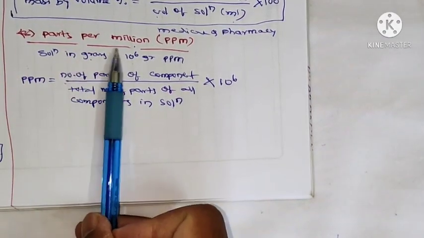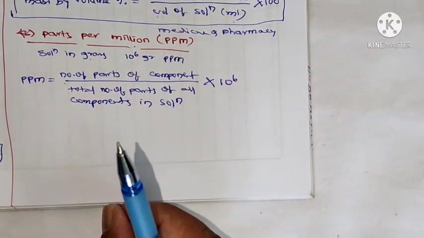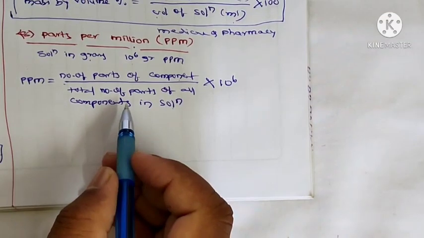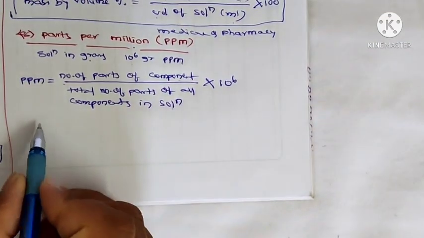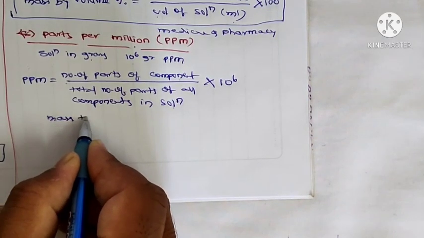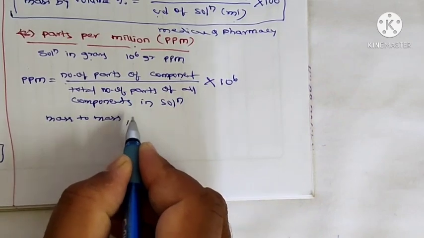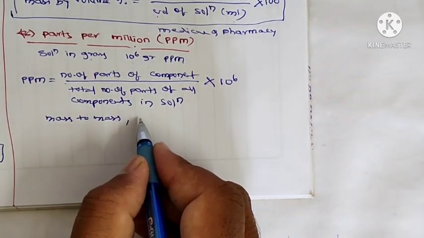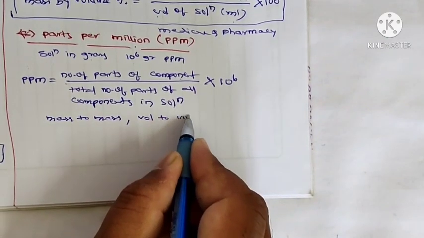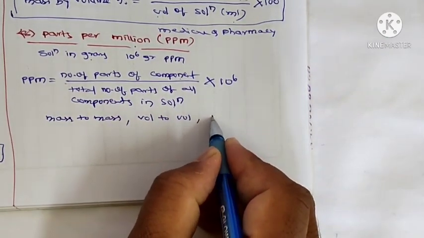We take parts per million when the solute is present in small quantities. ppm is also expressed as mass to mass, volume to volume, and mass to volume.